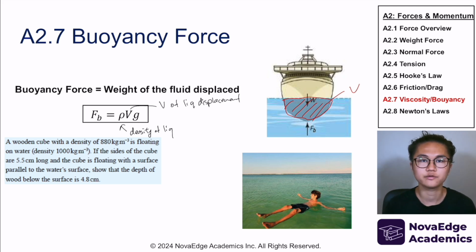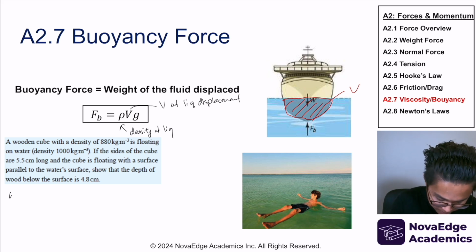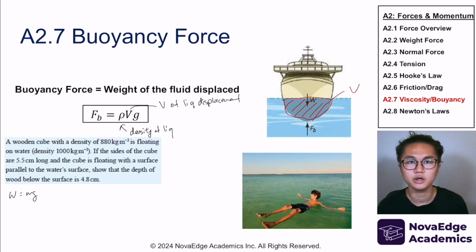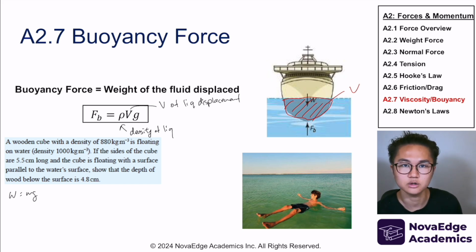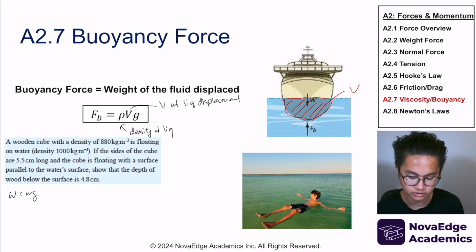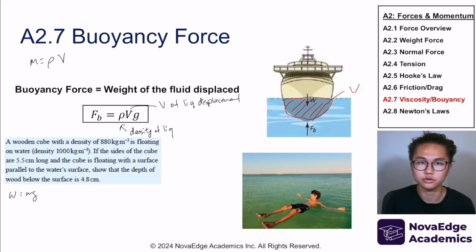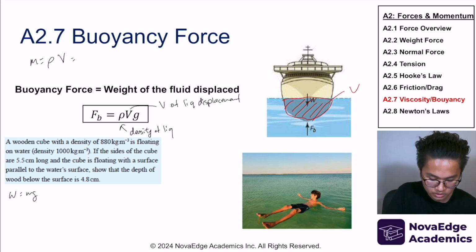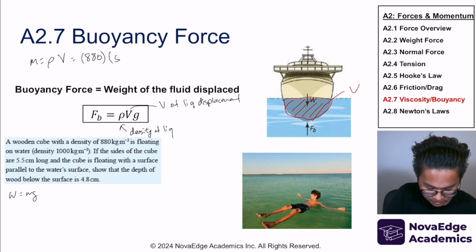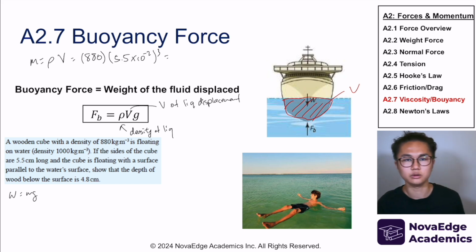Okay, so first I want to find out the weight of the block. Now I know the weight of the block is equal to mg, right? But they didn't give me the mass of the block, but they did give me the dimensions of the block and the density of the block. So remember that mass is equal to density times the volume, right? So the density of the block is equal to 880 and the volume of the block is 5 times 10 to the power of negative 2, to the power of 3, right?